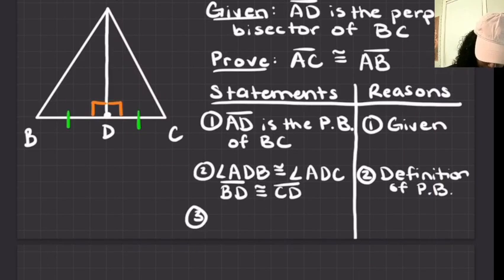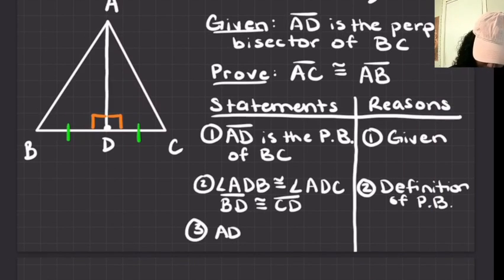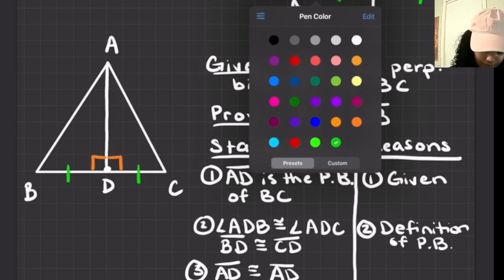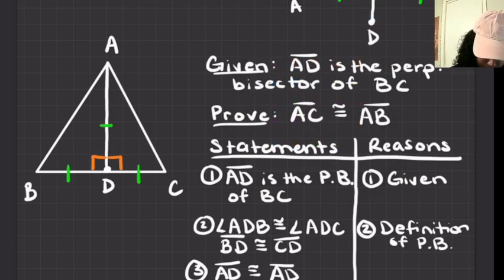Then statement number 3, we have that segment AD is congruent to itself, okay? So if I were to split this into two smaller right triangles, notice both of those triangles will have that side AD in common. And if you want a more in-depth explanation of that, I talked about it in my previous video.